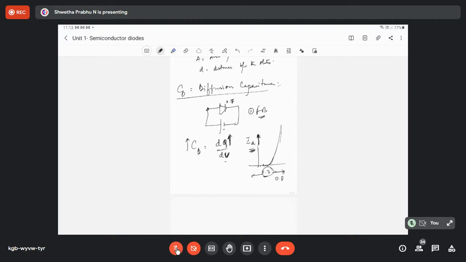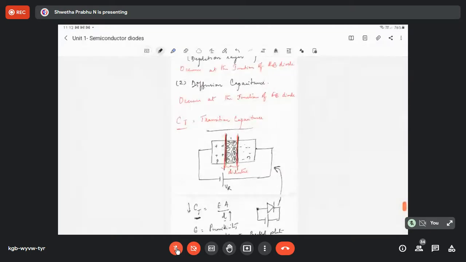Fine. So with respect to CD equals dQ by dV, for lower values of voltage, the charge carriers increase. As the charge carriers increase, the ID value increases. As ID increases, CD increases because these two are directly related. But since it is given by dQ by dV, for lower values of voltage, CD increases. With respect to this equation, V and CD are inversely related, whereas current and CD are directly related.